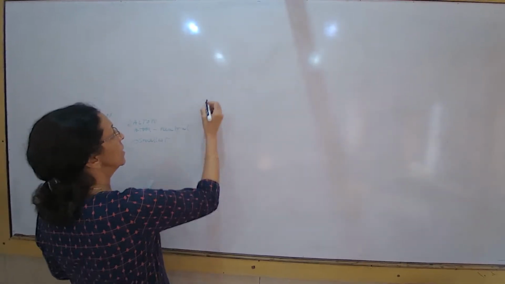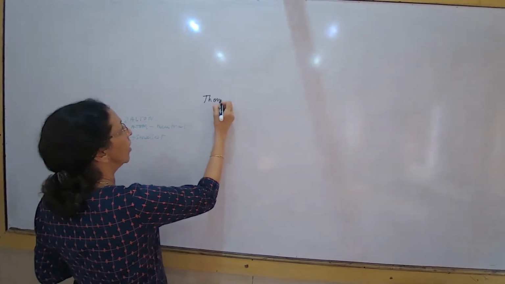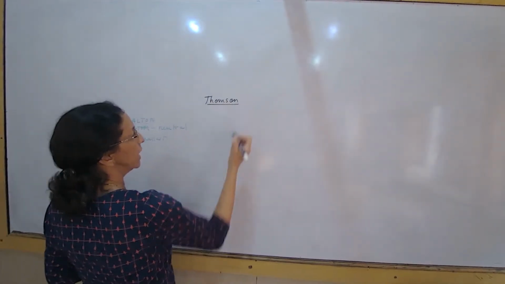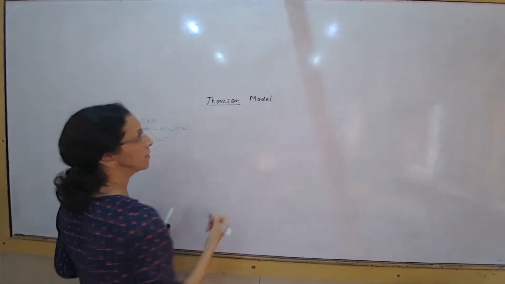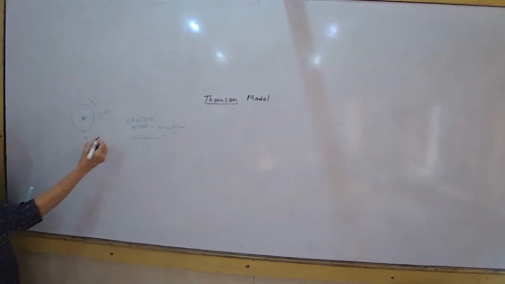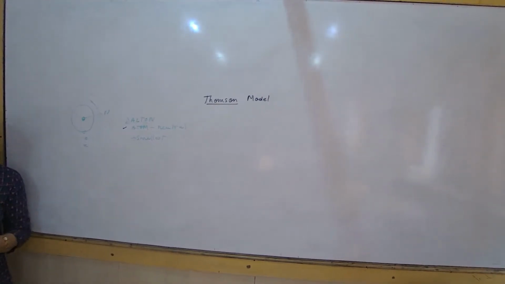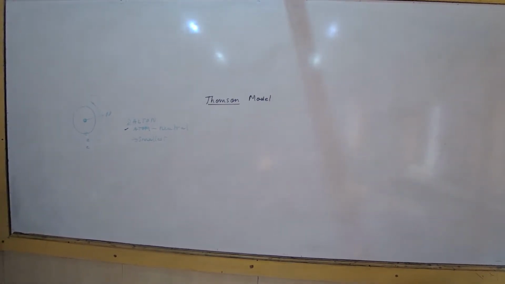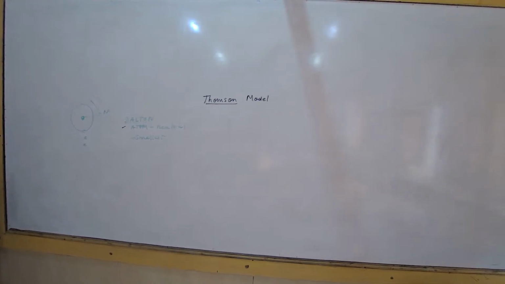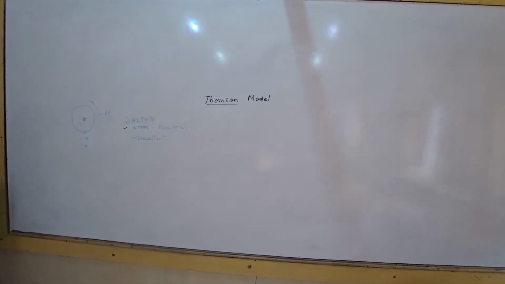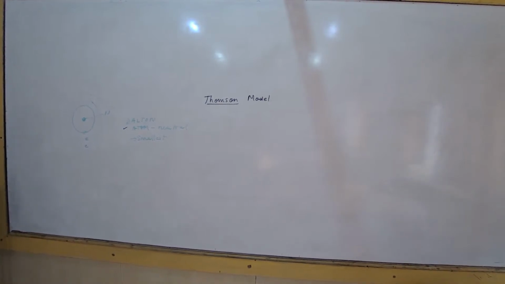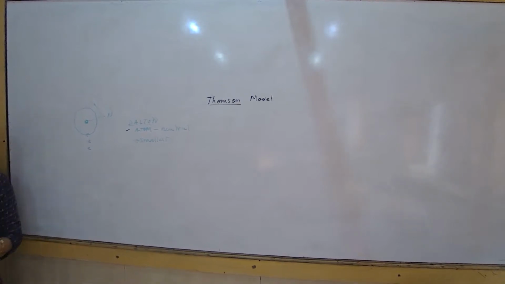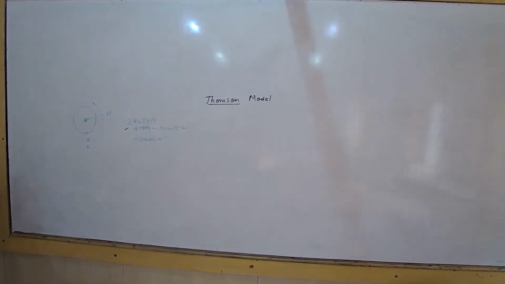Thomson knew that the atom is neutral, but at the same time he also knew that there are negative charges and positive charges. He told us that negative and positive charges are of the same value. So suppose you have 10 negative charges, there should be 10 positive charges. This is what he thought of.